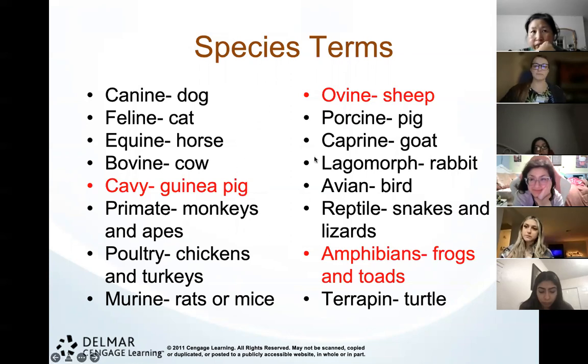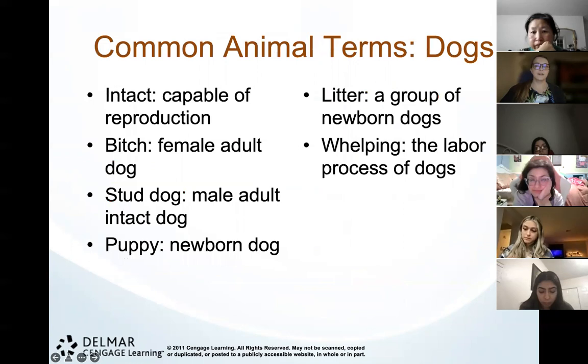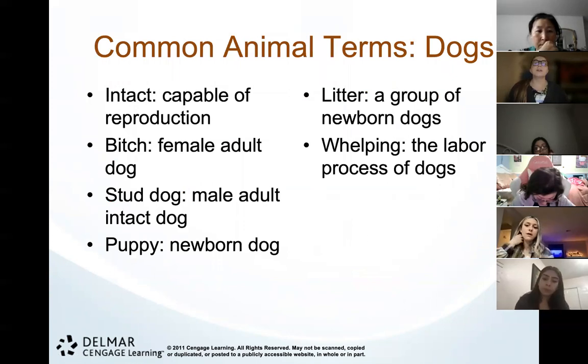So now I'm going to get into just the common animal terms. And again, I'll be going over the different sexes, as well as what we would call them when they're adolescents or in infancy, and the birthing process as well. So when we're looking at our dogs, again, this is our canines.